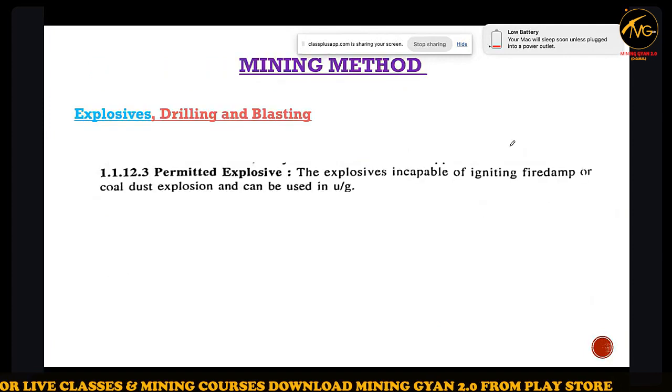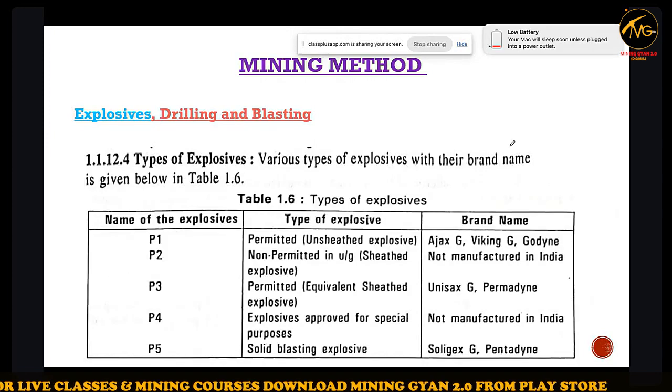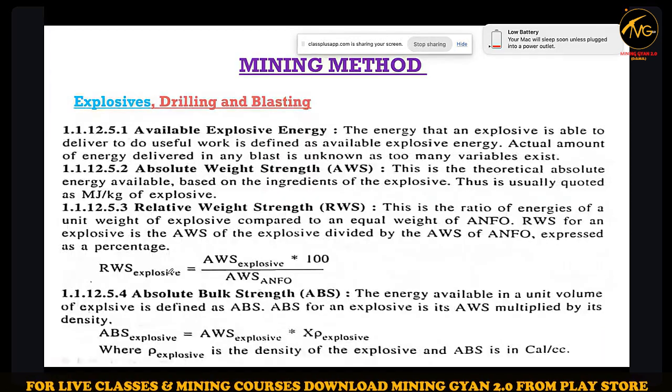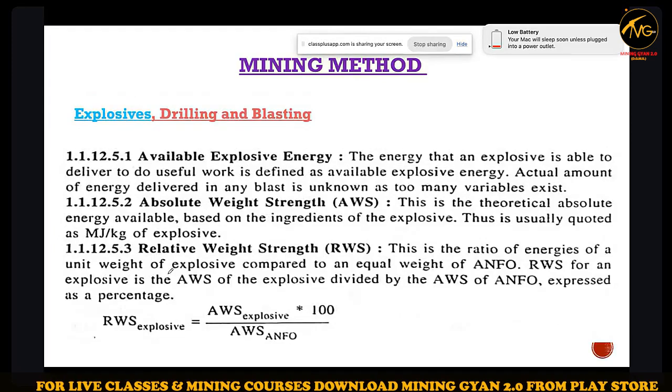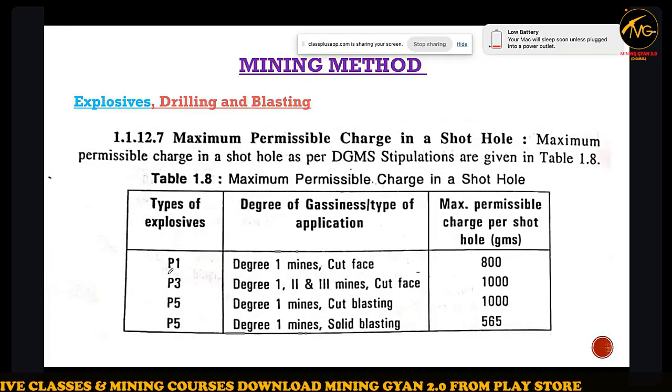Then we have discussed permitted explosive and types of explosive. Like we said, P2 and P4 we don't use; P1, P3, P5. Then we have discussed powder factor, the explosive required to blast an area: the coal production divided by explosive required.